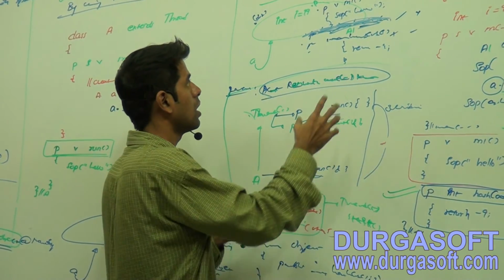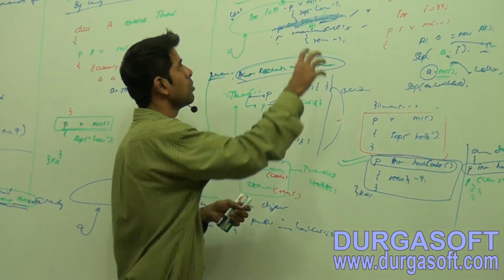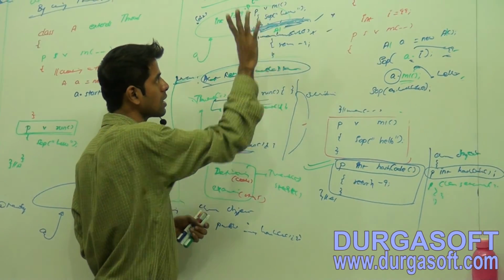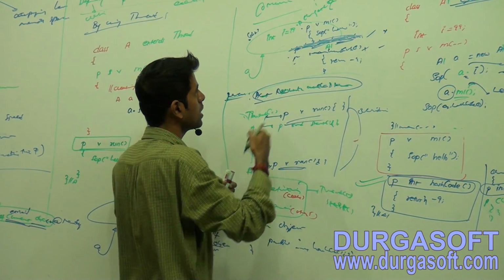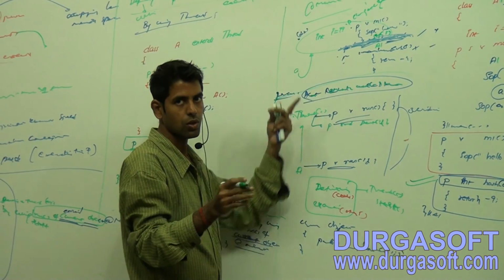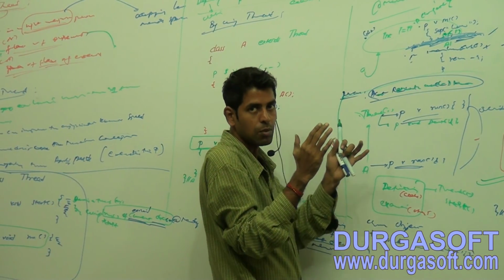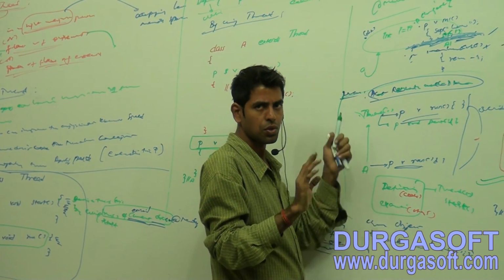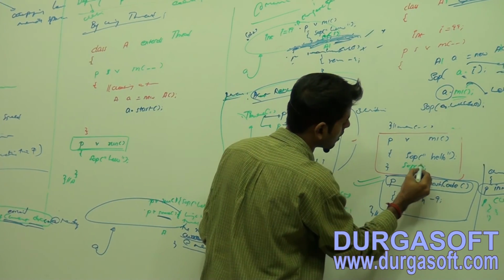Where is the m1 method available in memory? Within the object only, right? Where is i available? Within the object only, right? Can I access SOP of i here? Yes, no issues, you can access. Both are available in the same boundary, within the same closed area, so you can use it.